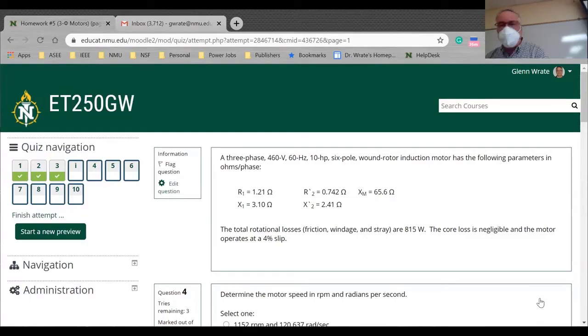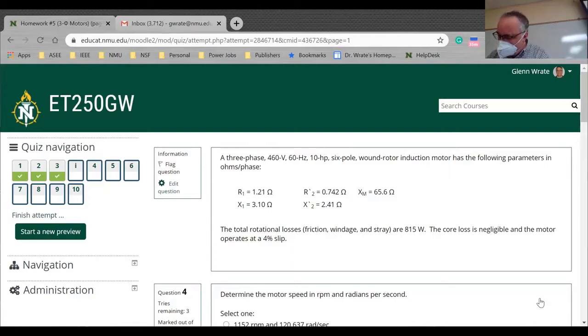X2 prime is equal to 241 ohms. XM, 65.6 ohms, 65.6 ohms. And let's see what else we got.